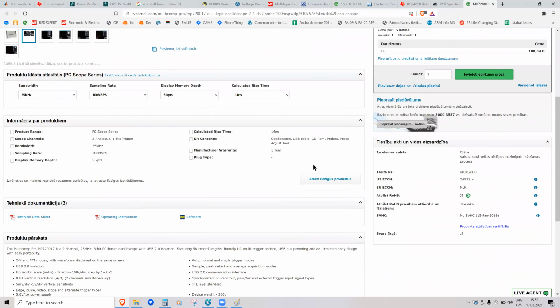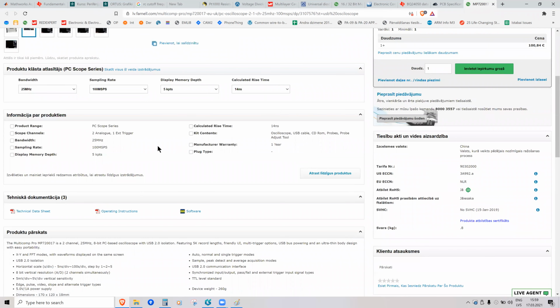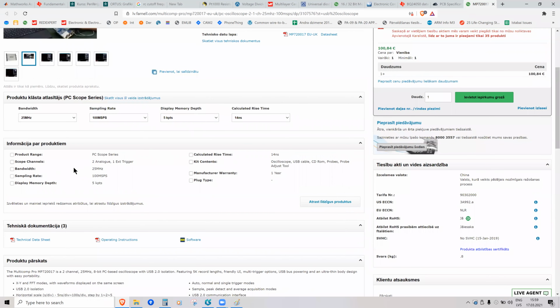So the only thing that you are probably interested in initially is its bandwidth, which basically represents the maximum frequency that you can measure. 25 megahertz.